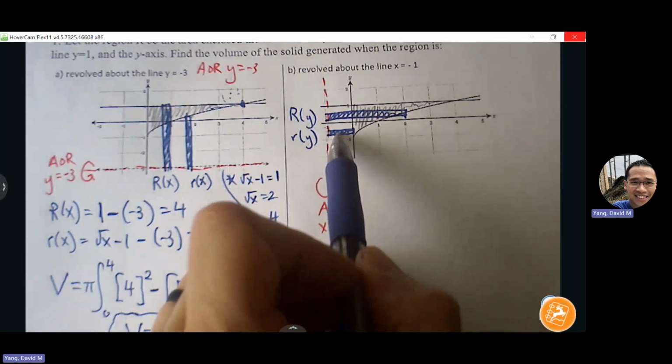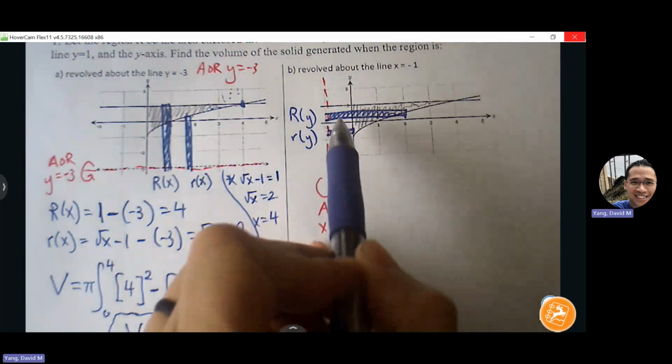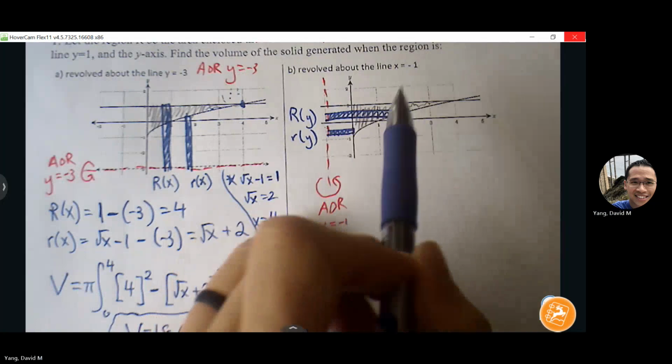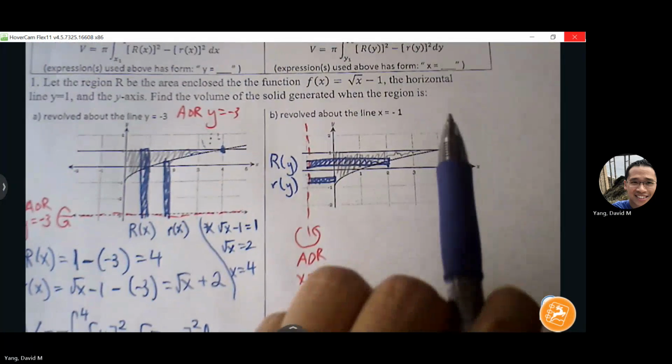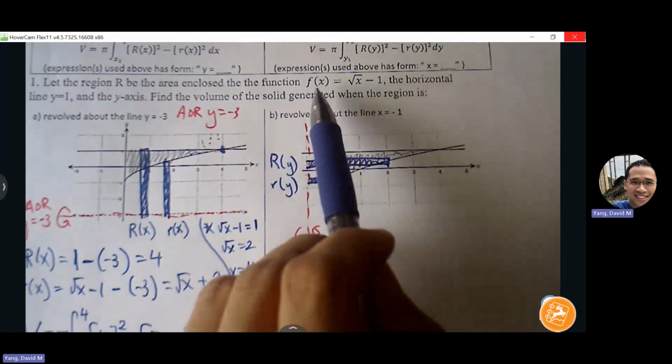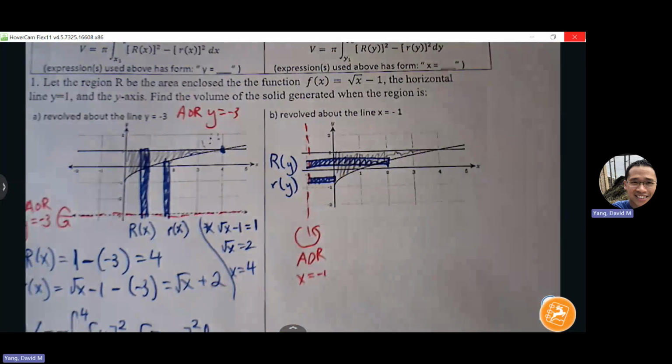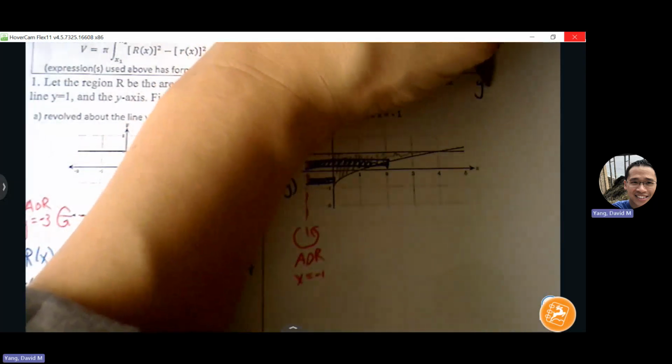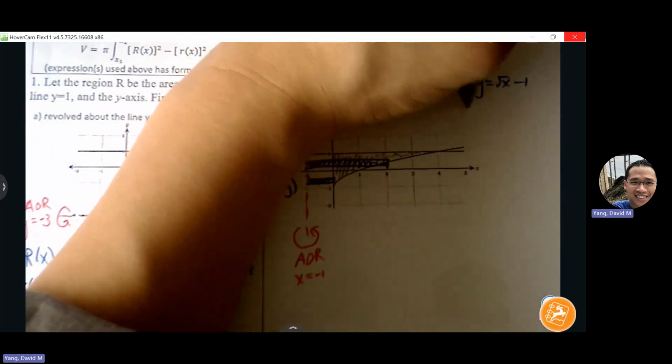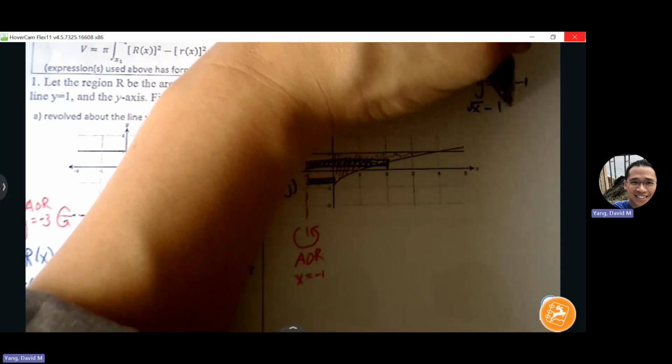Okay. What adjustments do we have to make if we see a horizontal radius? We gotta rewrite the equation. Make sure that you don't just swap the x and y. That's not good enough. You have to algebraically move things around and actually solve for x. So we have y is equal to root x minus 1.